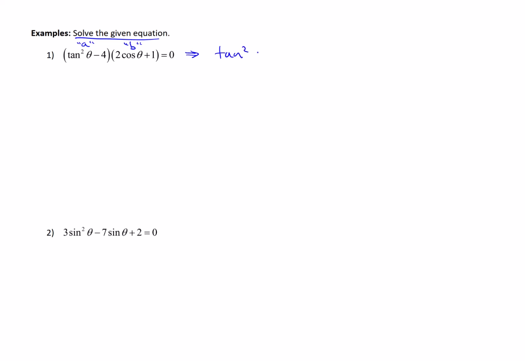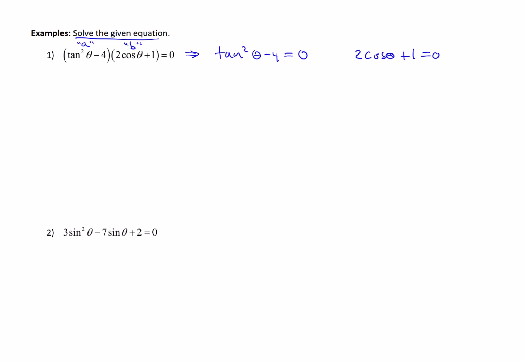So tangent squared theta minus 4, that's the first factor, could be 0, just like A could be 0. And the second factor, 2 cosine theta plus 1, could be 0 in the same way that B could be 0 above. So this is just using the zero product property directly.